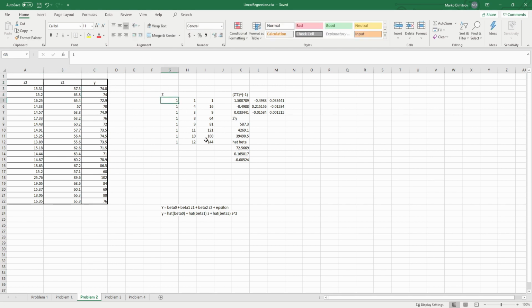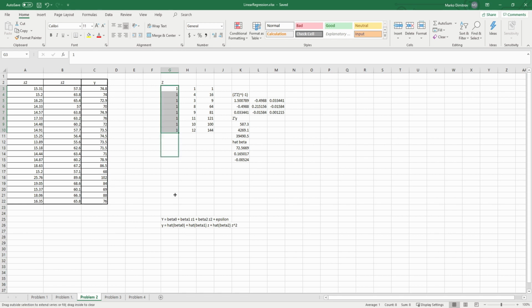Okay, so what is our matrix Z now? It depends on what we want to do. So let's say that we want to estimate this model. So we have that constant here. So the constant will stay. This corresponds to beta 0. This one is Z1.